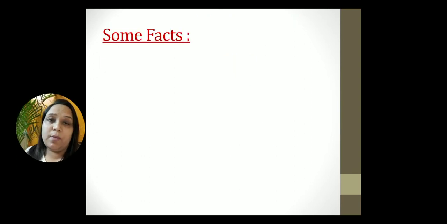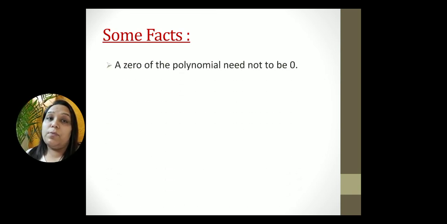Now some facts about the zeros of the polynomial. First, we are talking about the 0 of the polynomial, and what you come to know is that the 0 of the polynomial need not be 0, because we are getting some other numbers also where the value of the polynomial is 0.